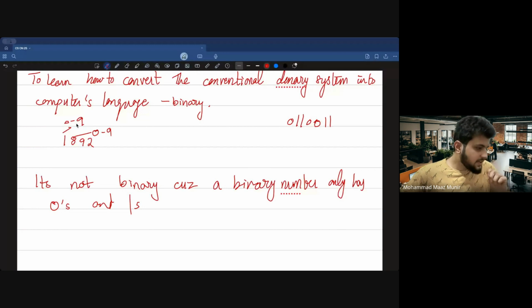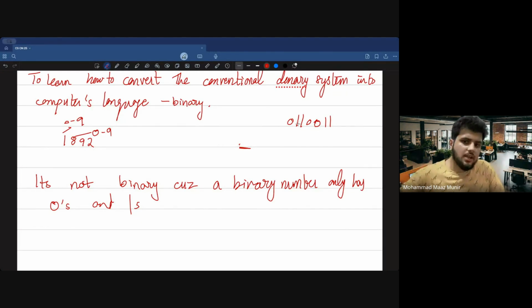Okay, so number 10. The thing is, you always look at one digit. We never look at two digits. Now, 10 could be a binary digit as well as denary. It depends. If it comes in a question, they will clearly mention whether it's binary or denary.